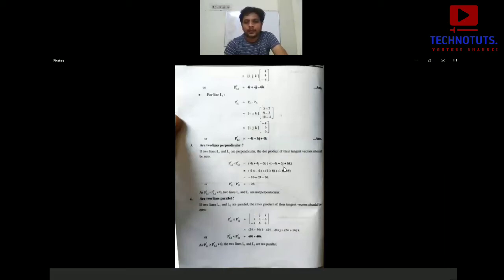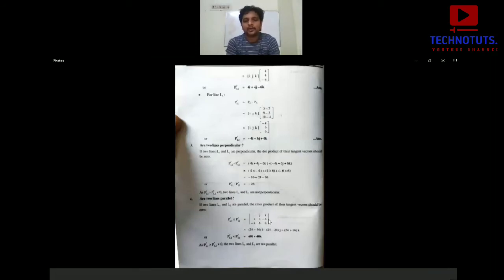Okay. Now, we have to also find out whether the two lines are parallel or not. So, the condition is that if the two lines are parallel to each other, the cross product of their tangent vectors should be equal to 0. If the dot product of the tangent vectors of the two lines is obtained as 0, then the two lines are perpendicular to each other.